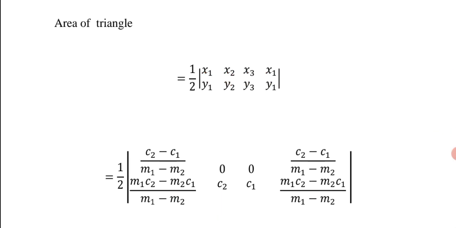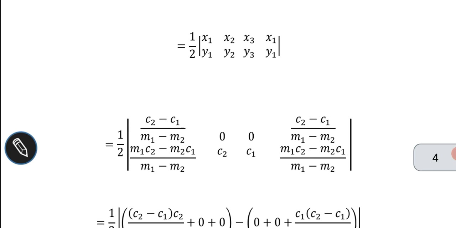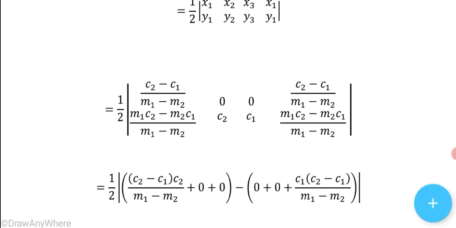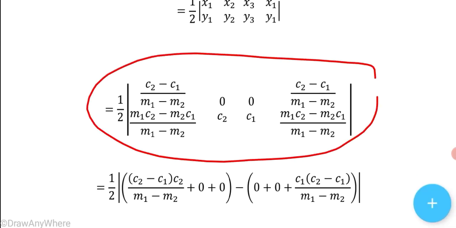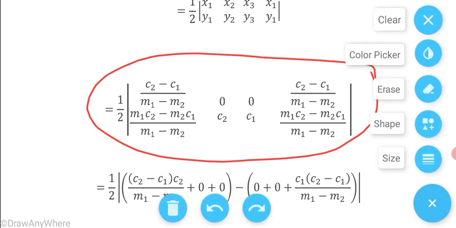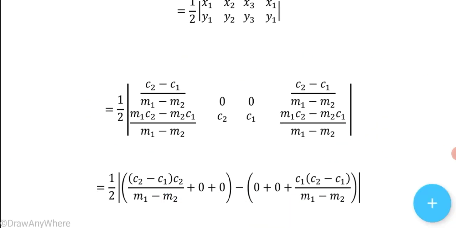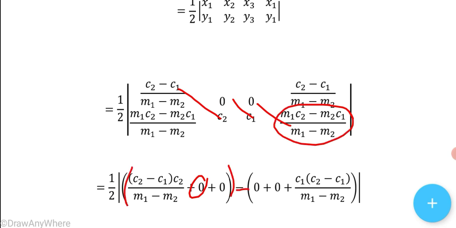Similar calculation has to be done in this area. If you multiply these two, we get c1 minus c2 into c2, the whole divided by m1 minus m2, plus 0 into c1, 0, plus 0 into this term will be equal to 0. Enclose this within a bracket, minus open bracket, multiply these two terms.